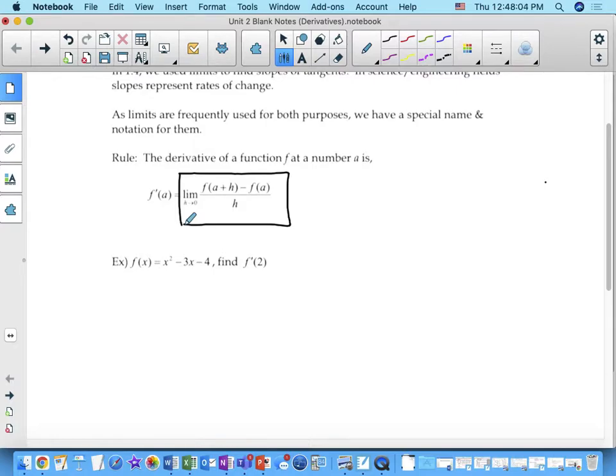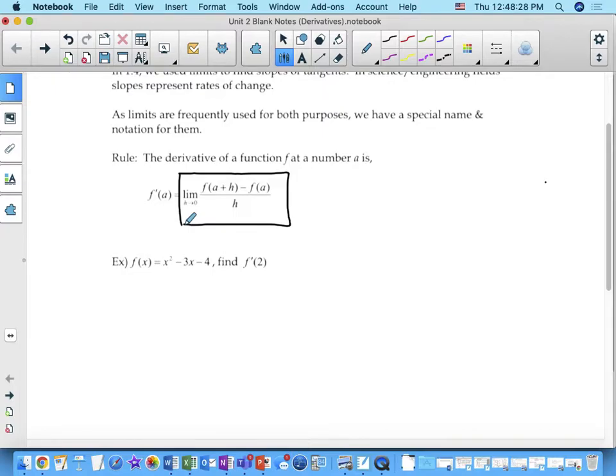And so we actually call this thing a derivative. We call the slope of a tangent line at a particular point the derivative of a function. So this slope is called the derivative at point A of f of x.